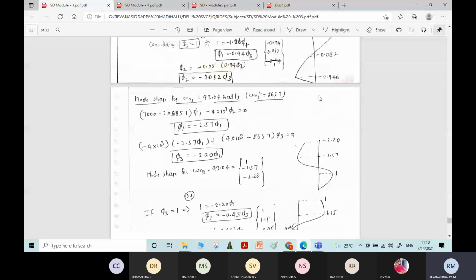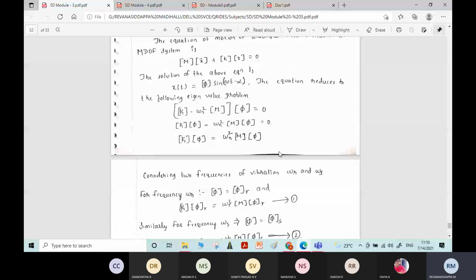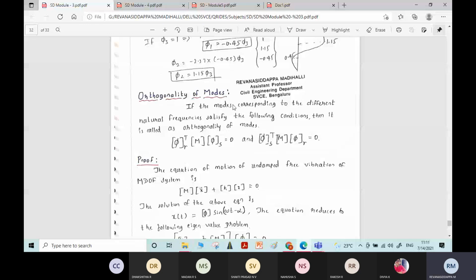If you have mode shapes phi, assume that you have omega n1, omega n2 as natural frequencies. Instead of denoting them as omega n1, omega n2, I will denote them as omega nr and omega ns.